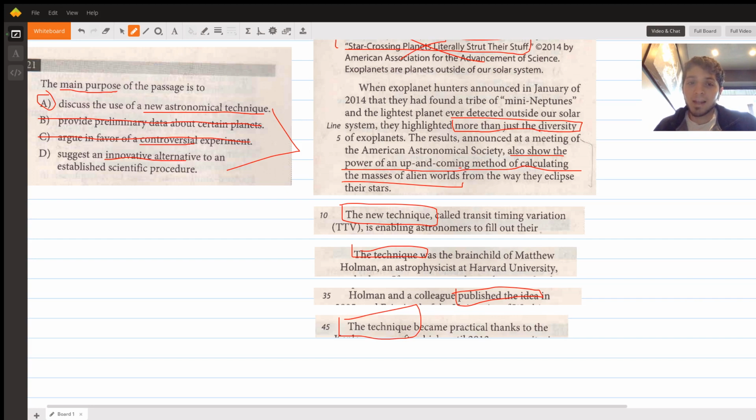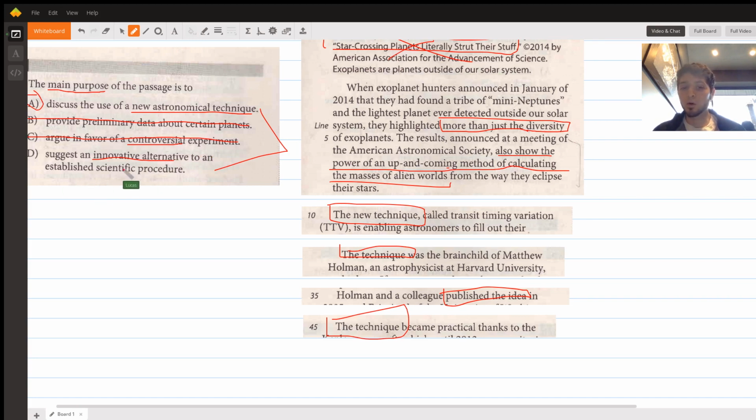But basically, A and D both say that this is a new or innovative technique, but D goes further and says more. So typically, when you're in this position, you want to choose the simpler option, right? Because if you're choosing a more complex option, there's more things that can go wrong. That's a way to think about it. But moreover, it's just not the case that the text is setting up an old established scientific procedure and then presenting a new innovative alternative.